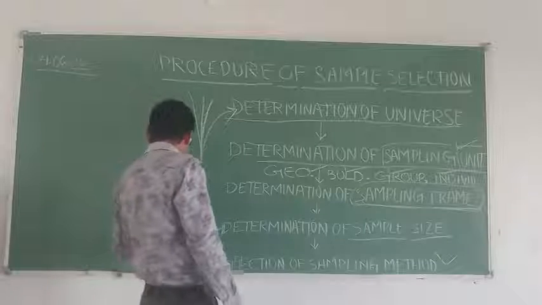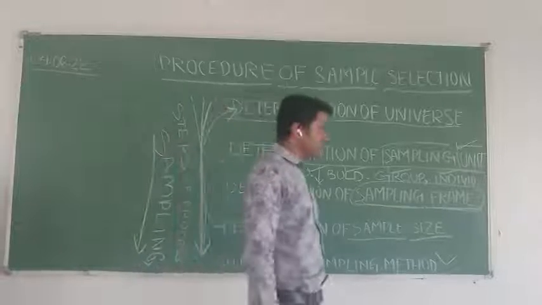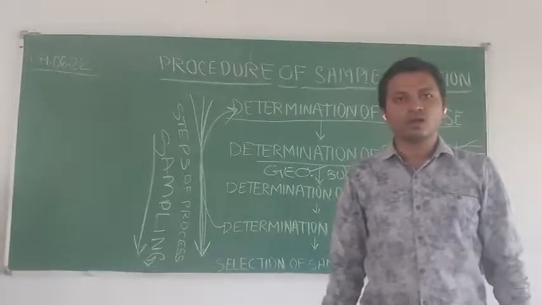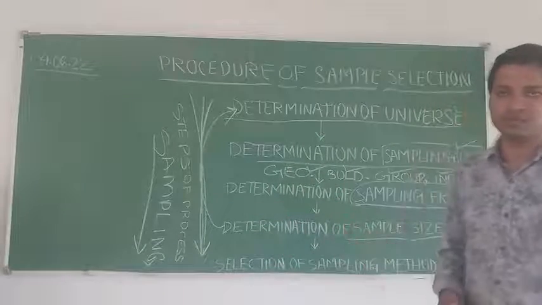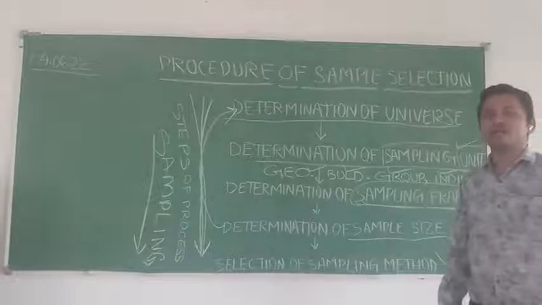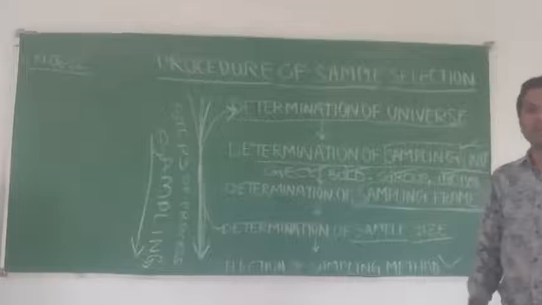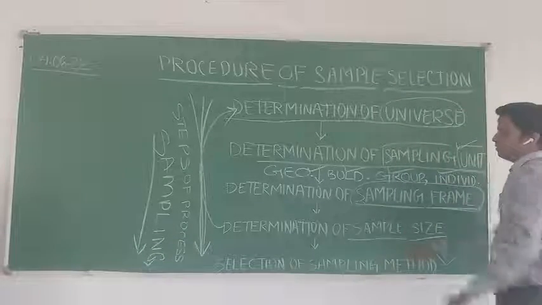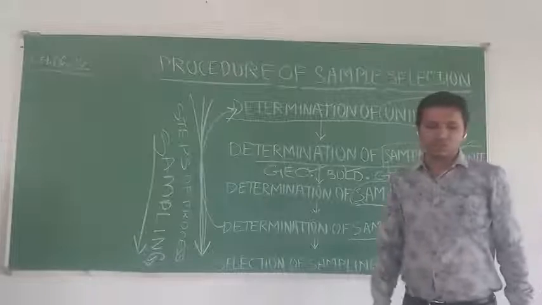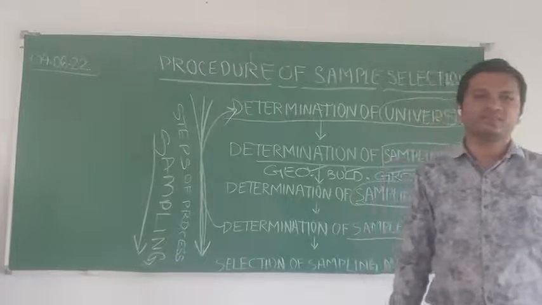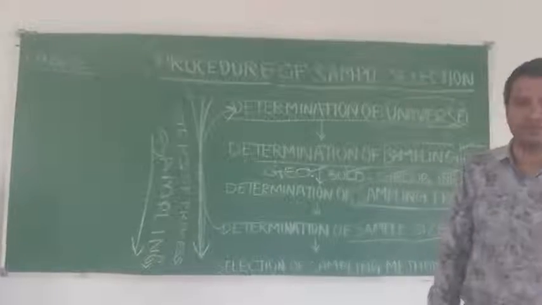We have to follow these steps which we have discussed, and through these steps we will select the samples from the universe objectively, maintaining scientific criteria and a scientific perspective.